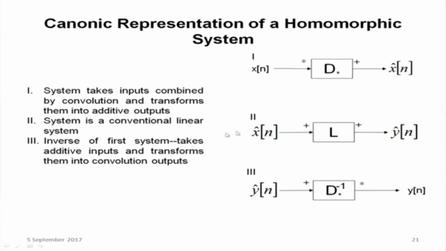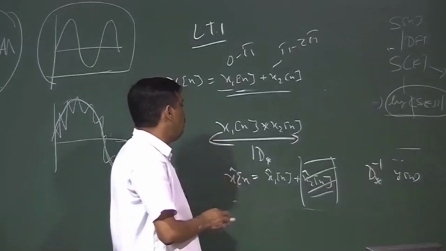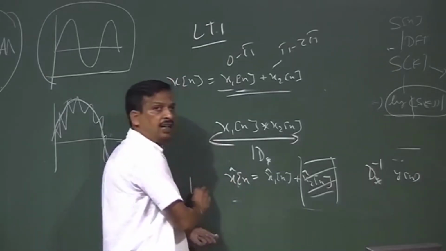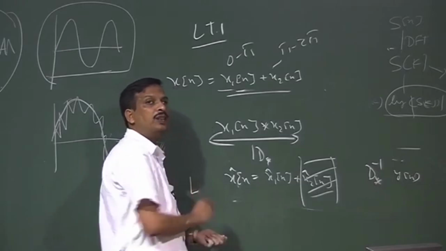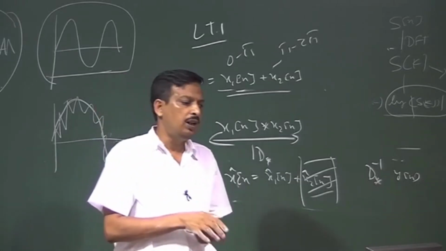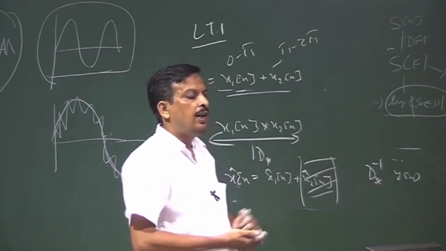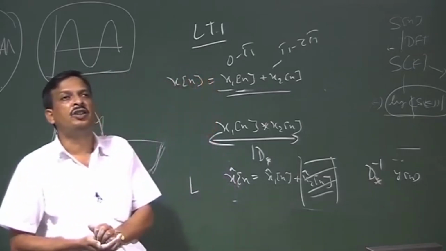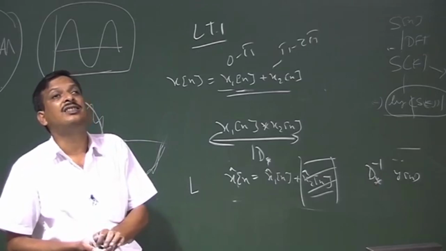Third part: the inverse of the first system takes the additive input and transforms it to convolution output. So, whatever modification I make in the linear time invariant part will be on the additive signal. This is called the canonic representation of a homomorphic system.